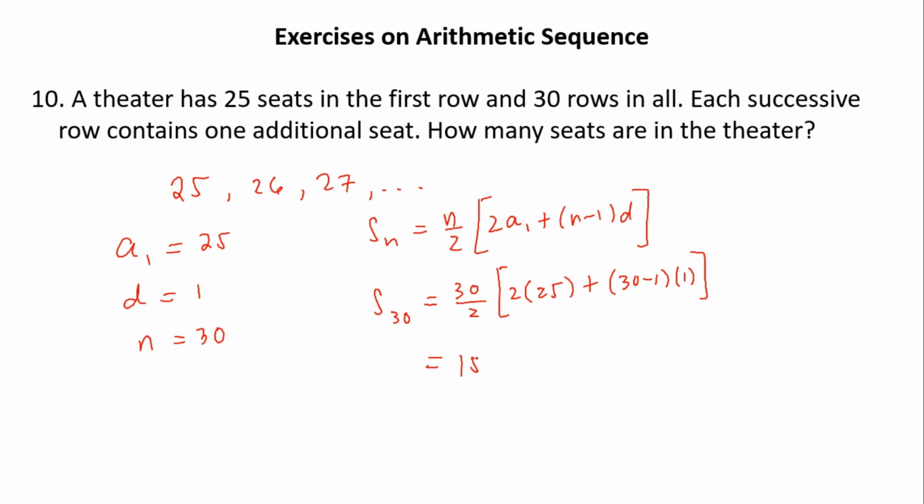So this is 15 times (50 plus 29). So we have 15 times 79, which is equal to 1,185. So there are 1,185 seats in the theater.